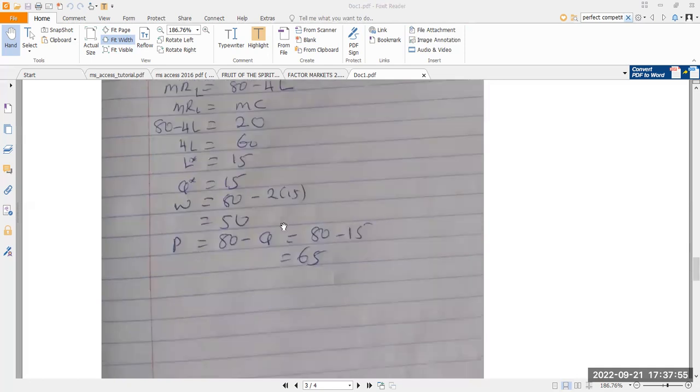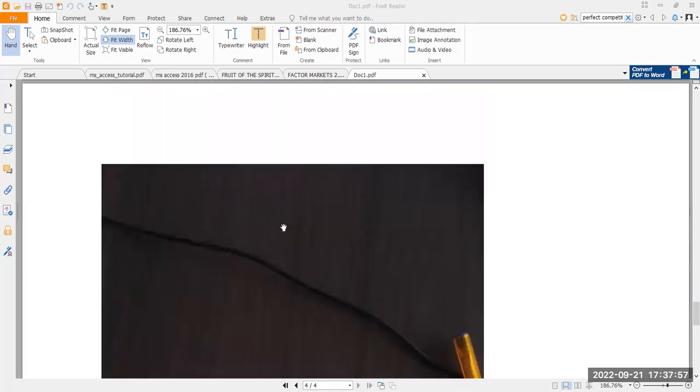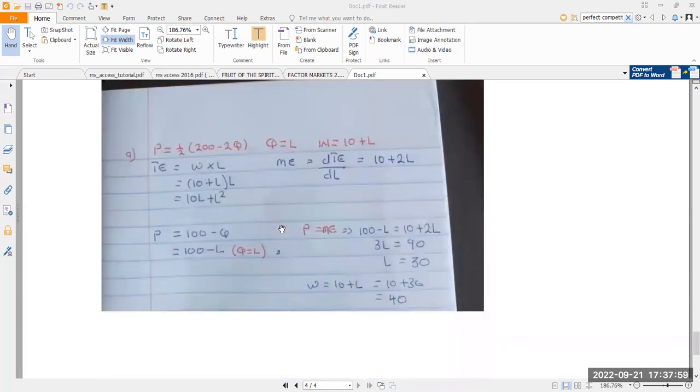So these are the four scenarios, and the last one is the monopsonist. Do you remember the monopsonist? For him, they equate marginal expenditure to price. That's under competitive conditions, and then equate marginal revenue to marginal expenditure under monopoly conditions.